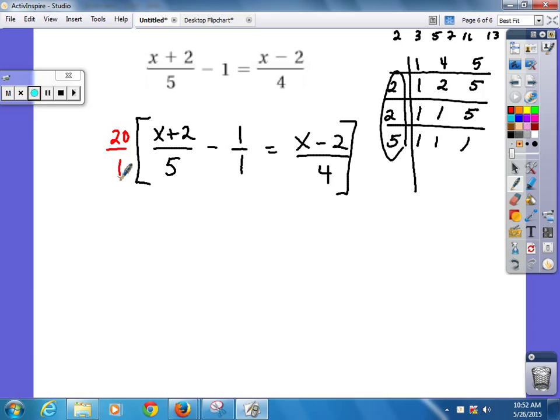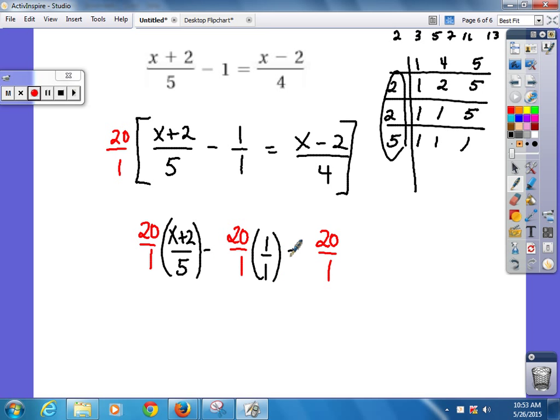So 20 over 1, and you're going to multiply by x plus 2 over 5, 1 over 1, and x minus 2 over 4.